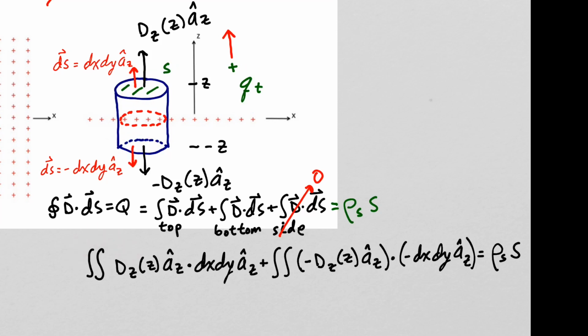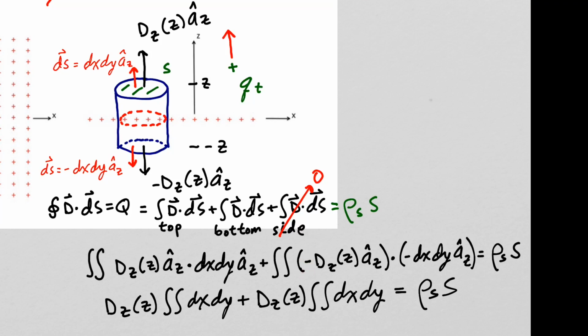The a_z dot a_z will just be 1. And this minus times this minus is a plus, so both these integrals end up being the same, and this integral here of dx dy over the surface will just be the surface area S. We can divide both sides by S.